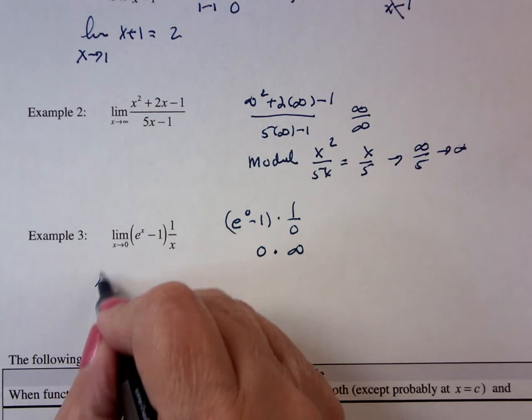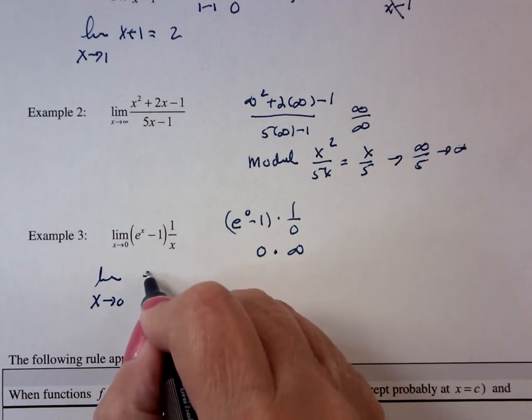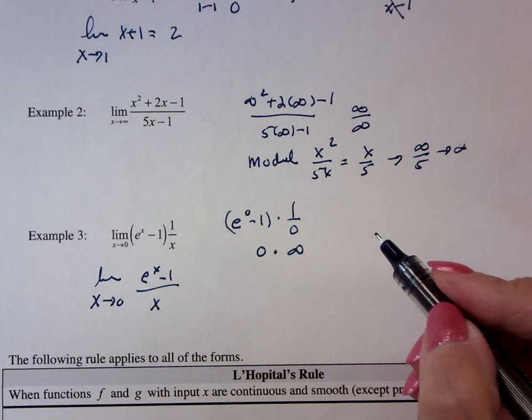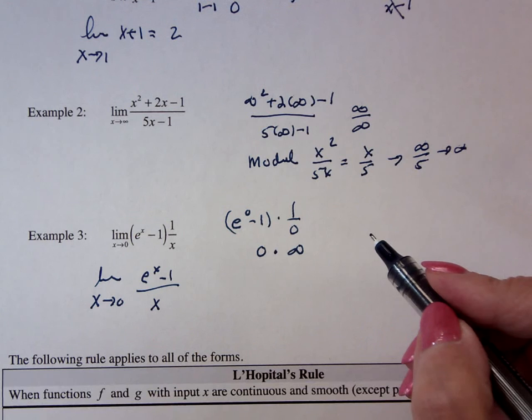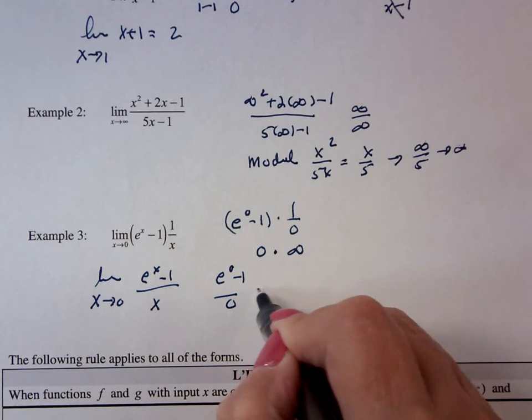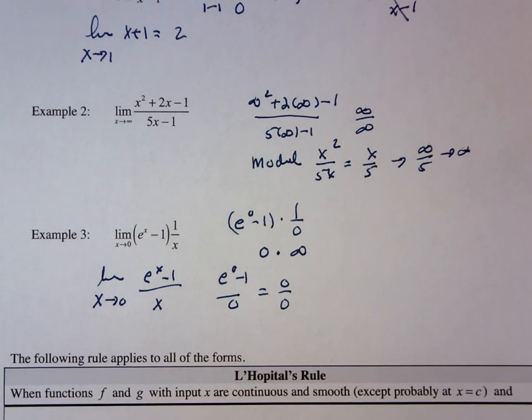I could rewrite this as the limit as x goes to 0 of e to the x minus 1 over x. We're going to 0. This is e to the 0 minus 1 over 0. Now I've got a 0 over 0 form. So it's like, I don't know how to do that either. And especially when I'm dealing with e's. Does this have a limit or does this not have a limit? I don't know. Indeterminate forms just say, I don't know. We need to do something.